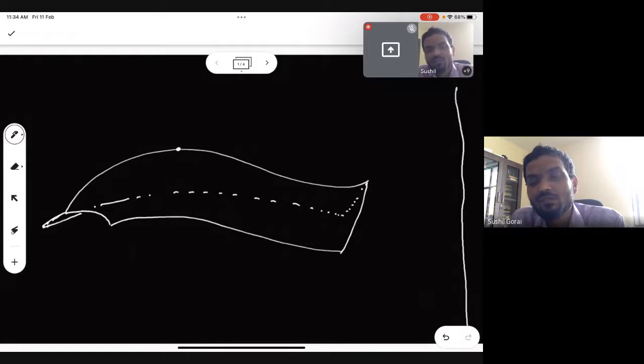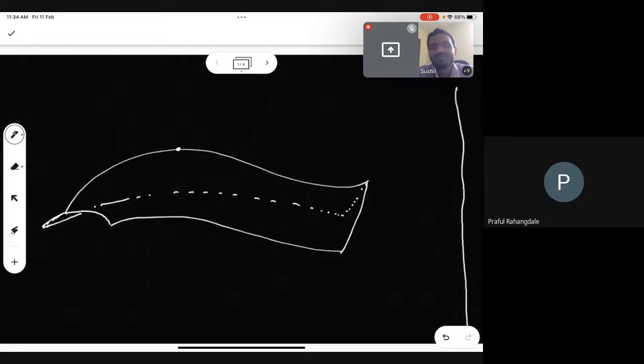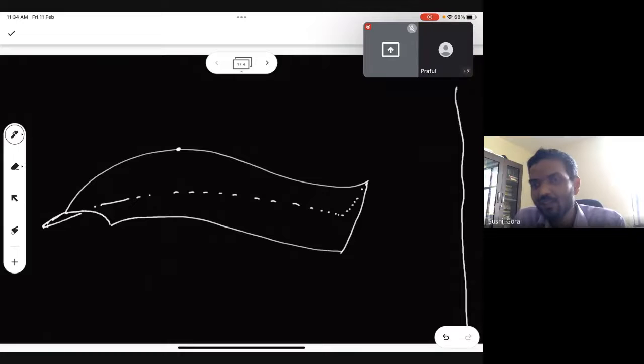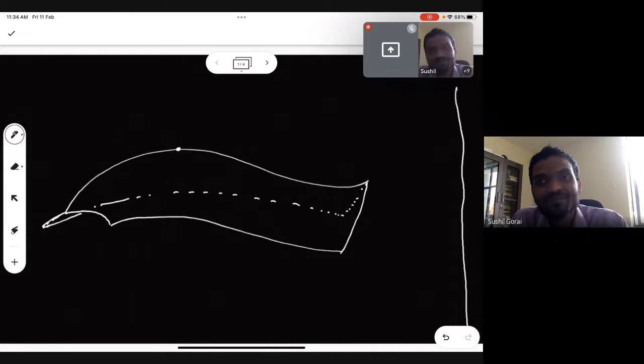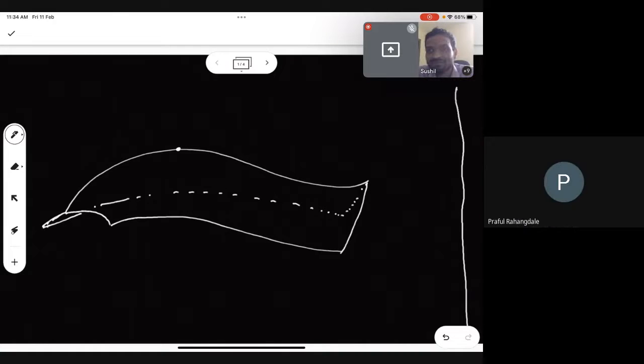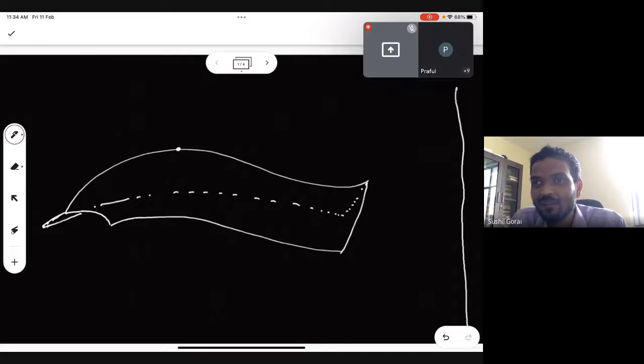So, what is your intuition? Yeah, it's a plane passing through that point. Yeah, so how many planes are there passing through that point? Infinitely many. Which plane would you like to take?